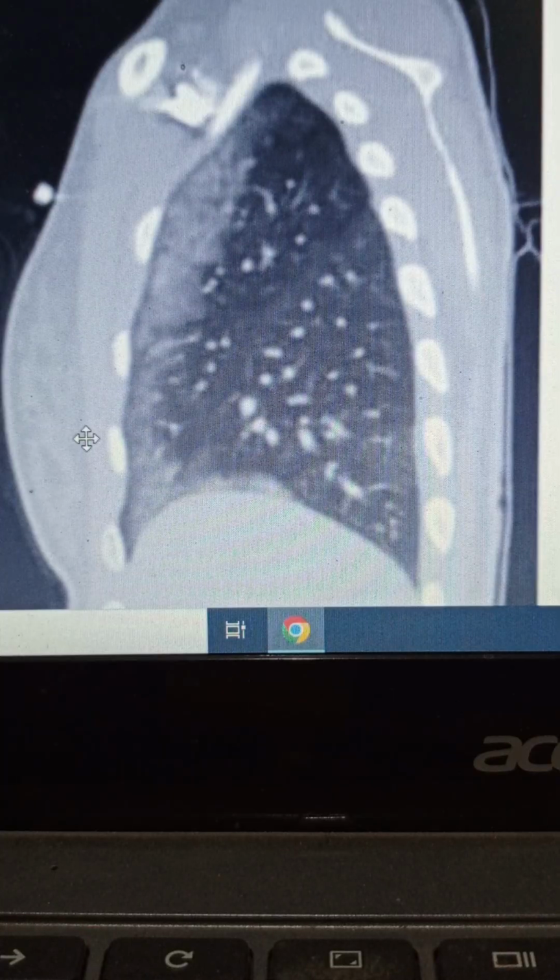You will see that the ground glass appearance can also be in RDS, respiratory distress syndrome. Remember, in respiratory distress syndrome, the opacities will take greater than 24 hours to develop, and they will develop between 24 hours and 72 hours.